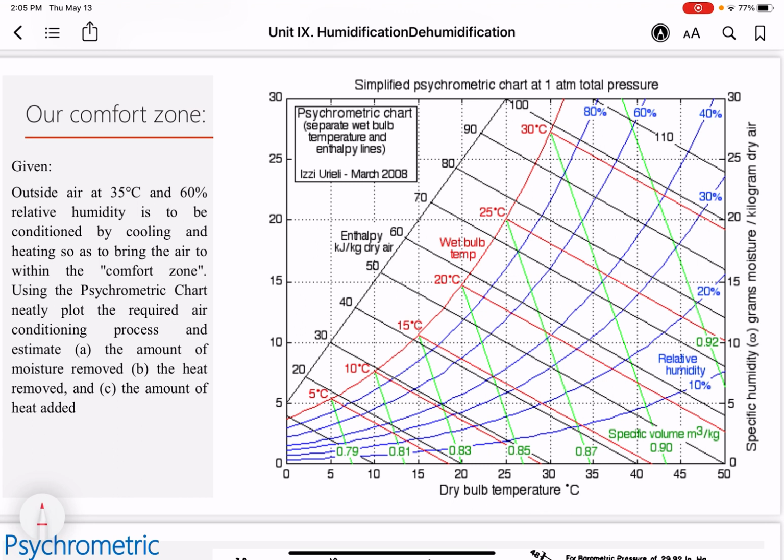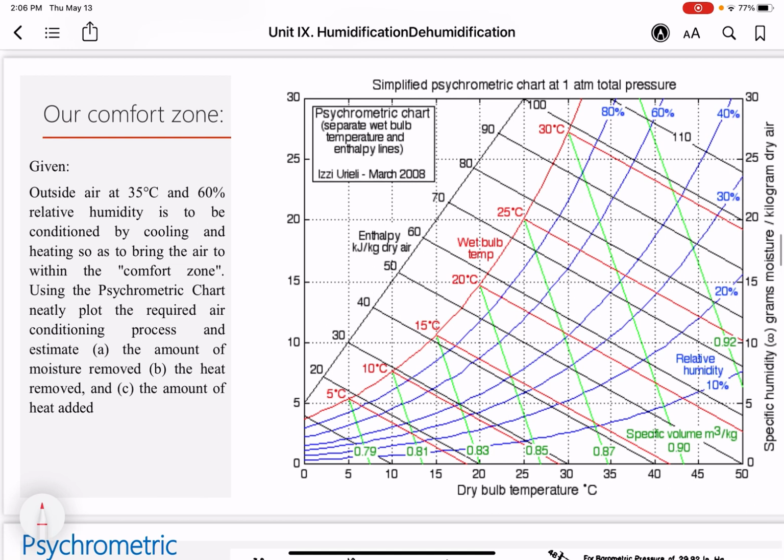So let's find that one. If our comfort zone is between 22 degrees and 27 degrees centigrade, where is that? So if it is between 22 and 27 degrees centigrade, so this is along this line. So 22 degrees and 27 degrees centigrade, and a relative humidity between 40% and 60%. So if I am to project that, we'll get it here.